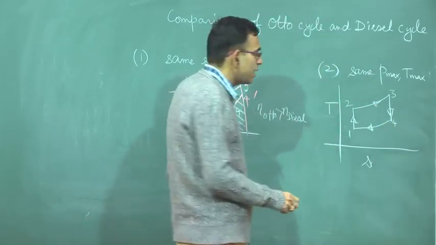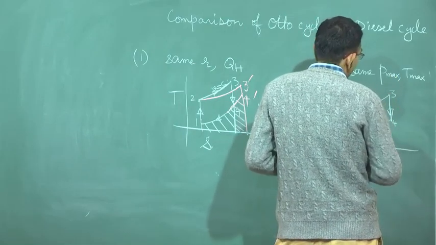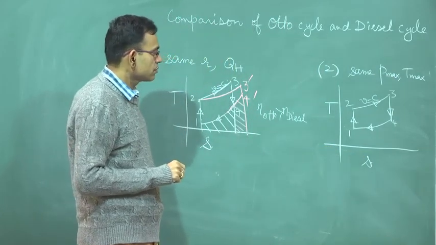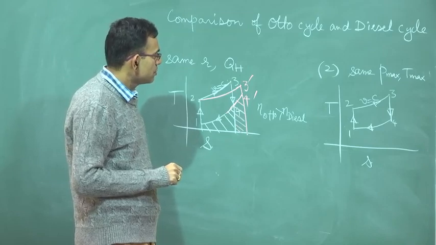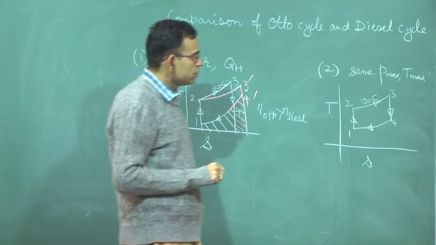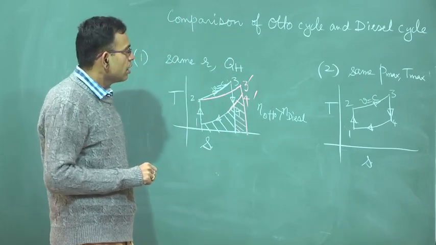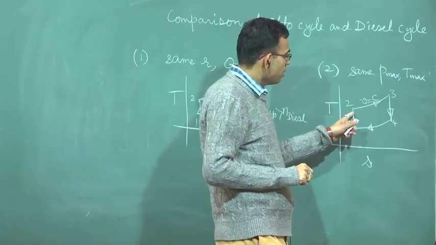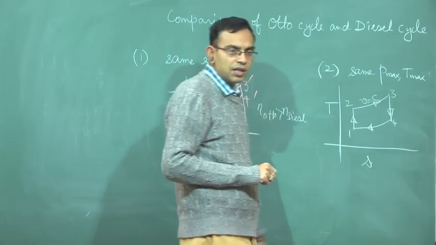So this is the Otto cycle, which we have drawn with the white line. With the same state point 3, the constant volume line is steeper than the constant pressure line, right.